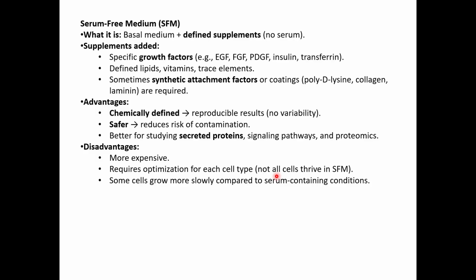So some cells which are sensitive and finicky might not survive well in such kind of media. Some cells grow more slowly compared to others in the serum containing conditions. So it retards the growth because maybe it's not optimal, and because you have to standardize. So that is why we go with the fetal bovine serum.